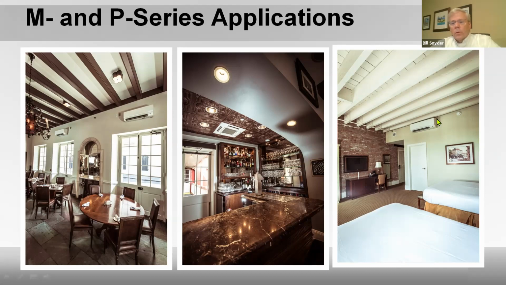Now, here's a case where it will probably work, but it's really too close to that beam. Keep in mind, these don't look like 2x10s, these look like beams, so they're probably 3-4 inches thick, going across the very top of that return air. That's not really a good application. The unit should have been dropped down a little bit.